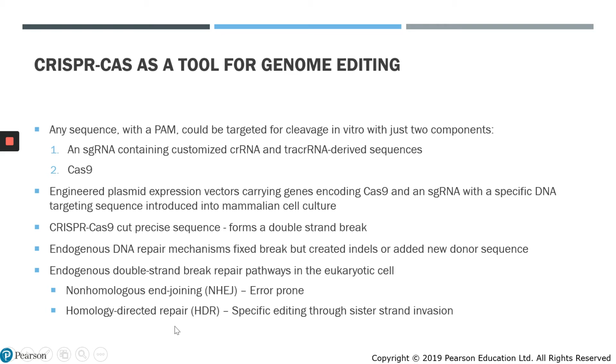So when there is a double-strand break, the homology-directed repair system directs that region of DNA to a sister chromatid or homologous region of DNA and repairs the double-strand break by copying nucleotides from that sequence. Homology-directed repair can be utilized during genome editing, as we can use the system in order to introduce specific edits through sister strand invasion.